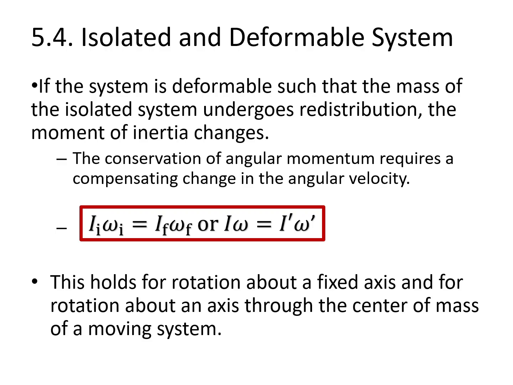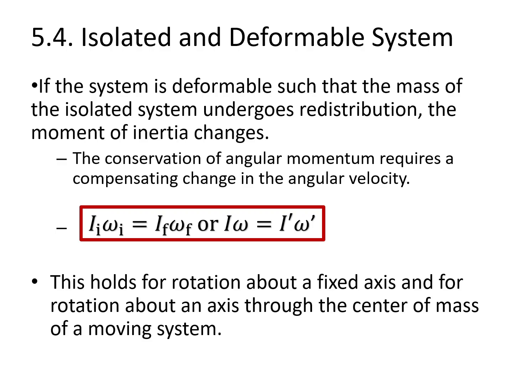Deformable means the mass distribution of the system can change. For example, a skater can move her arms inward or outward while spinning. When the mass distribution changes, the moment of inertia changes. But if there is no net external torque, angular momentum must remain constant.